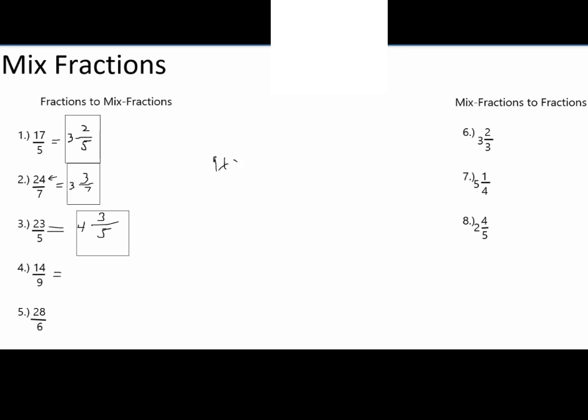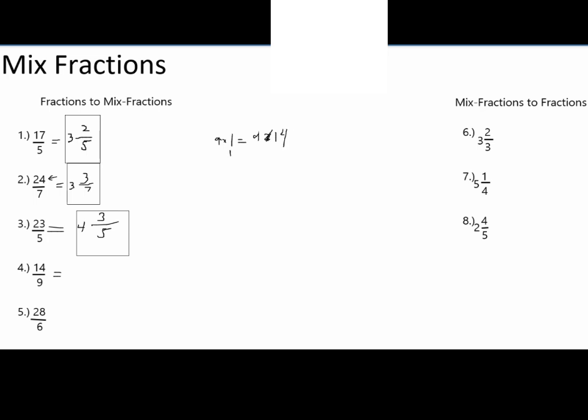As you can see, we cannot use 9 times 2 because it equals 18, which is greater than 14. So we need to use 9 times 1. So we're going to use 9 times 1, which is 9. It's less than 14.